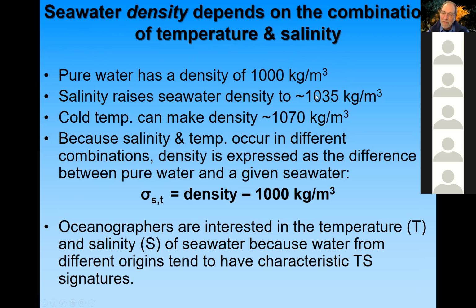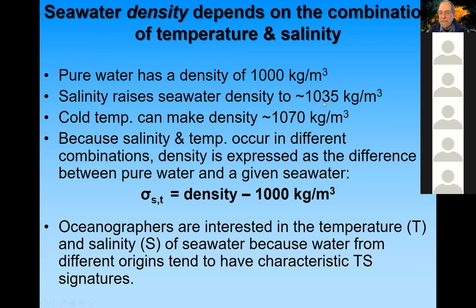All right, well, we said that the dissolved solids in seawater were present at a concentration of about 3.5%. So if we assume an average salinity of 35 parts per thousand, then the density of seawater is going to increase.